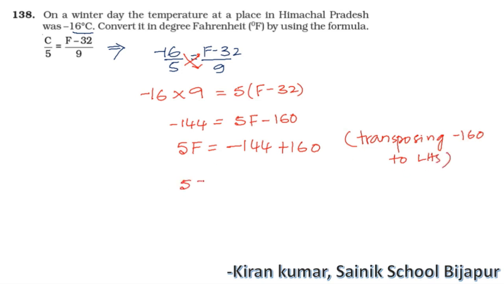So 5 times F is equal to 16. So F will be equal to 16 upon 5, which is 3.2 degree Fahrenheit. Therefore, we get negative 16 degrees Celsius same as 3.2 degree Fahrenheit.